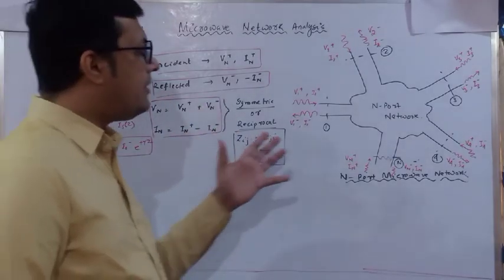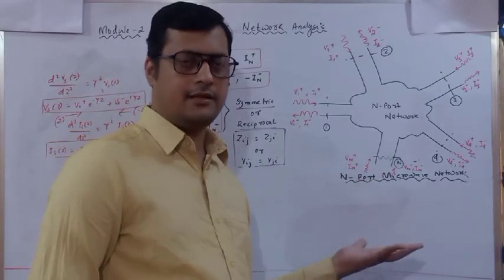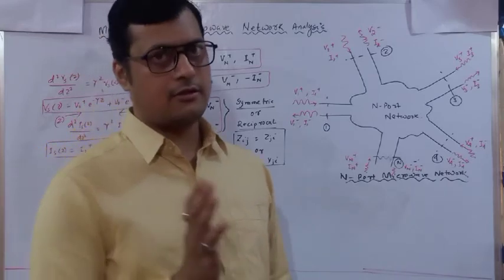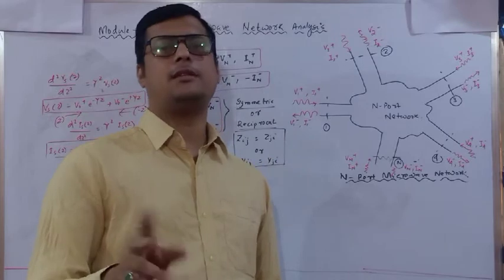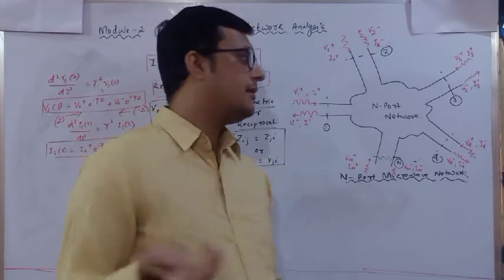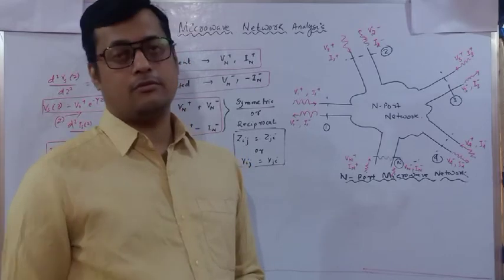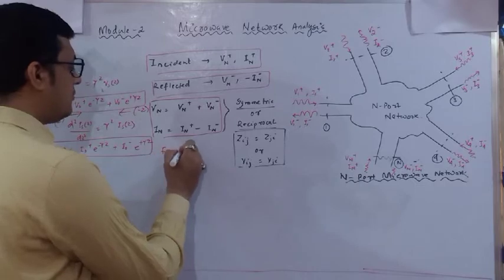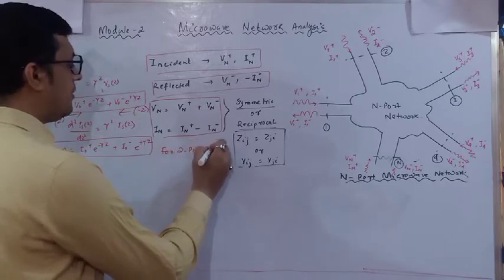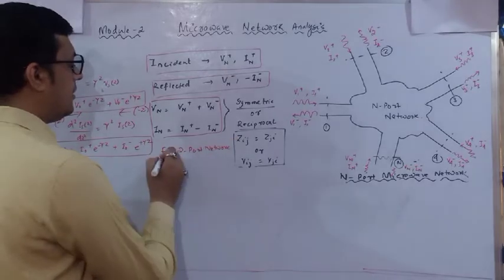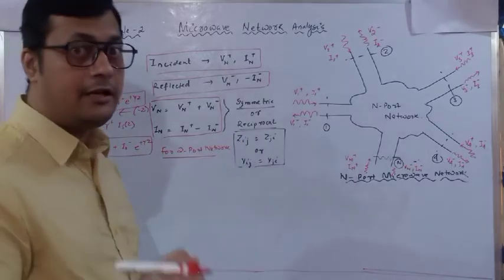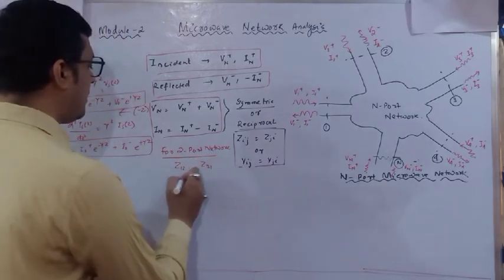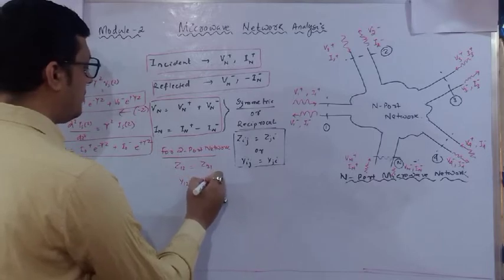Now, as for our network, in the impedance matrix and admittance matrix that I discussed, if it is reciprocal, it is also called symmetric. That means Z12 = Z21 and Y12 = Y21. Let us consider a two-port network. If it is reciprocal, this condition must be satisfied: Z12 = Z21 or Y12 = Y21.